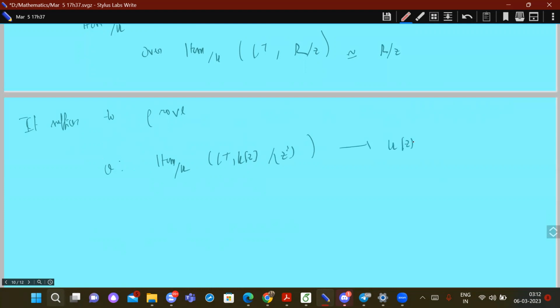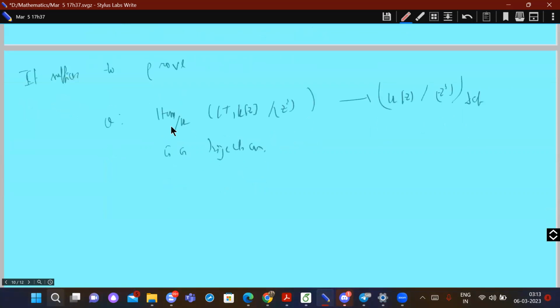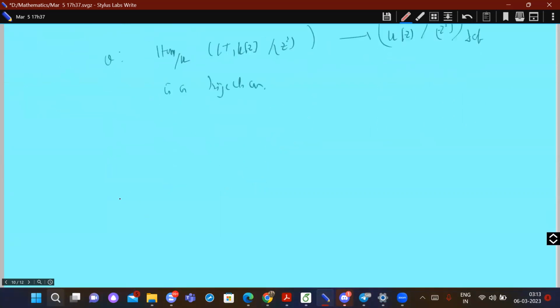I'm not getting into the details, but we need to construct a map like this.